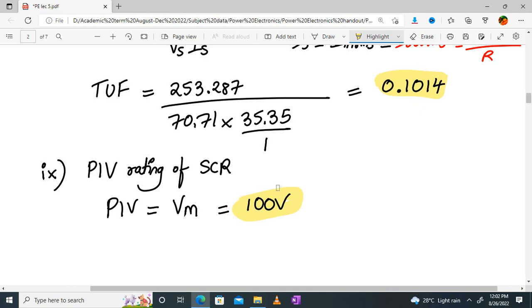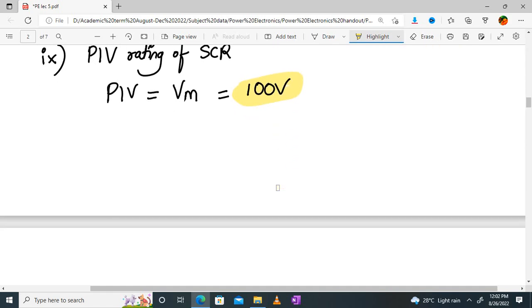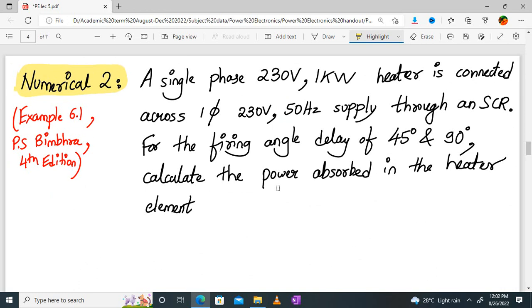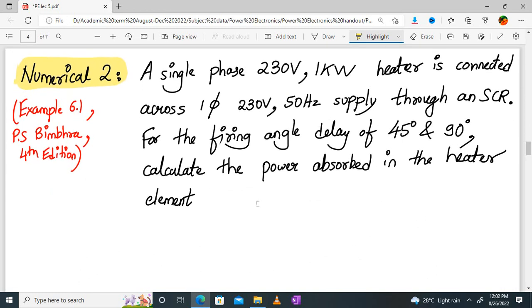Next, numerical number 2. Write down this numerical number 2, entire statement. This is a solved numerical from P.S. Bimbra, 4th edition book, example number 6.1. A single phase 230 volt, listen carefully, please concentrate, or else you will miss out on what information is given.